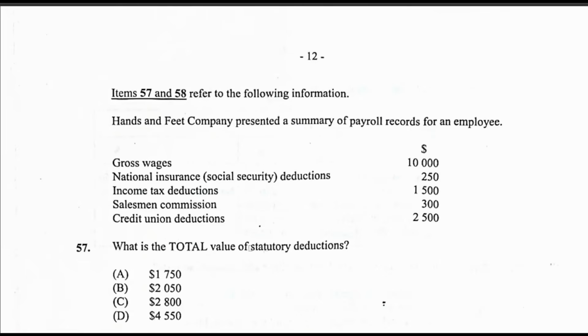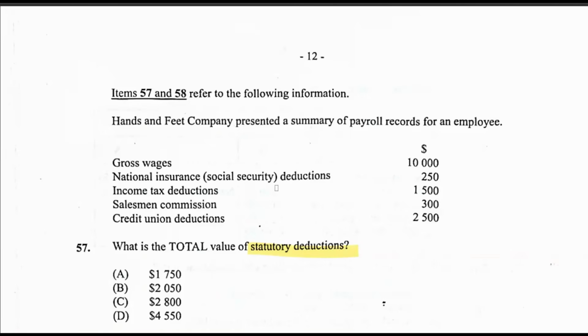Now, a statutory deduction is simply compulsory deductions which the employer must take out from the employee's gross pay before the employee gets the net pay. And this is by law, by the government. The government actually says that the employer has to take this out by law.